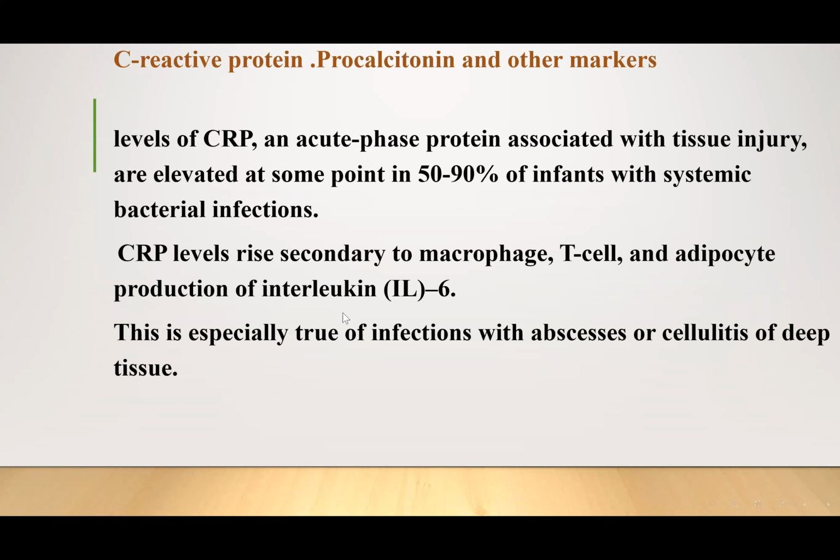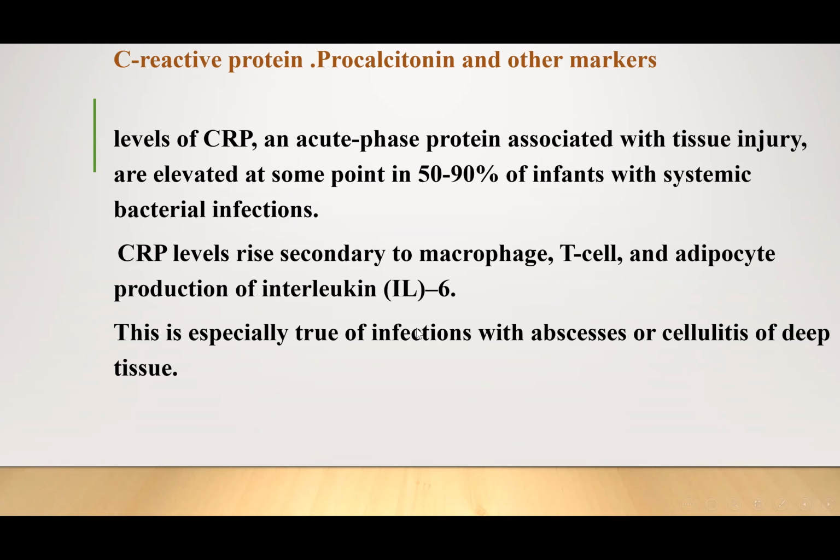The C-reactive protein is an acute phase protein associated with tissue injury, elevated at some point in 50 to 90% of infants with systemic bacterial infection. CRP level is secondary to macrophage, T cell, and adipocyte production of interleukin 6.